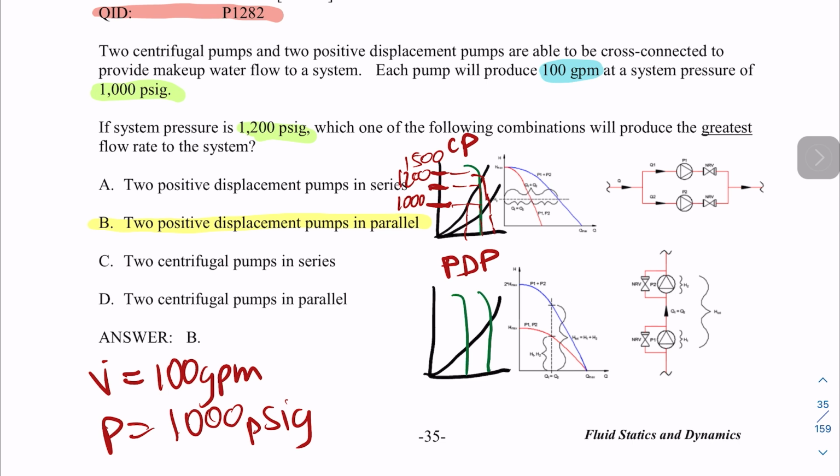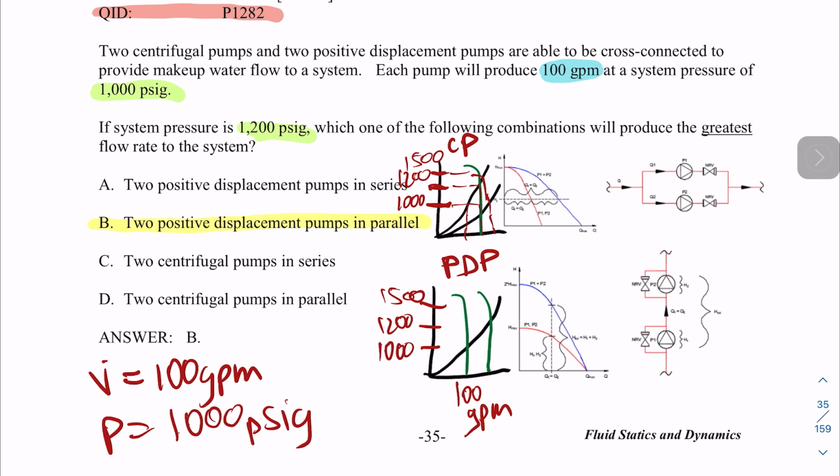So that's something important to note. Whereas in the PDP, it doesn't matter. We have 1000, 1200, and 1500, and we're going to obtain the same flow, right? Here, it doesn't matter.